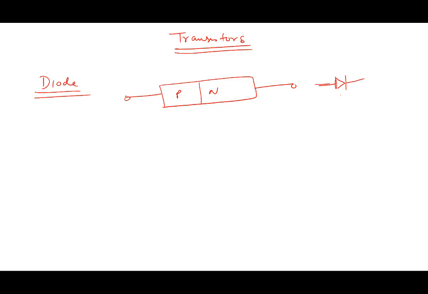Suppose I make a simple circuit like this. All right, I want to analyze this particular circuit. How should I look upon it? What should I do with the diode?